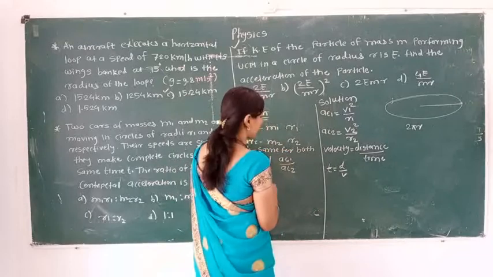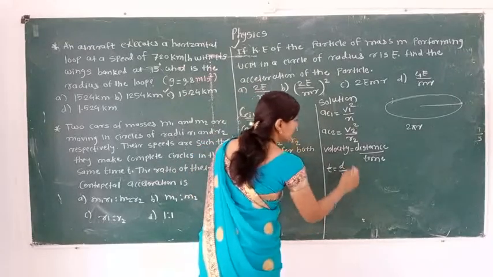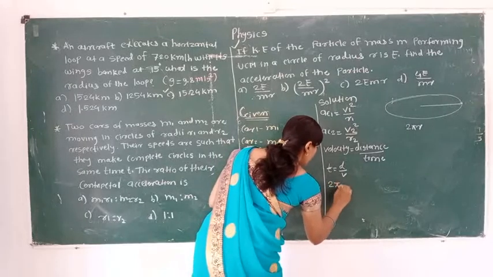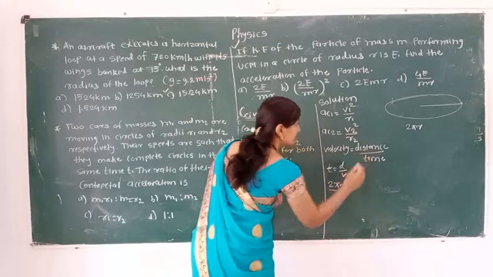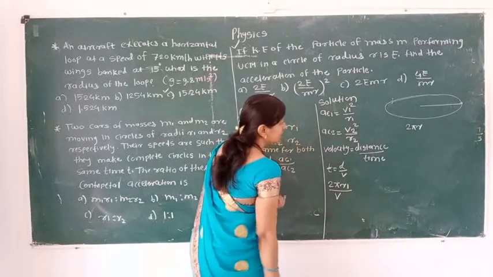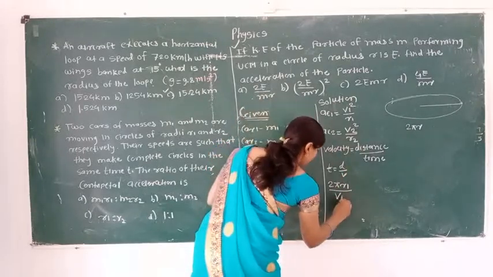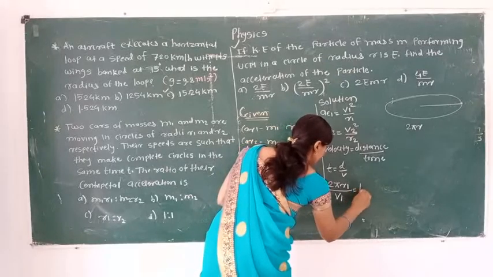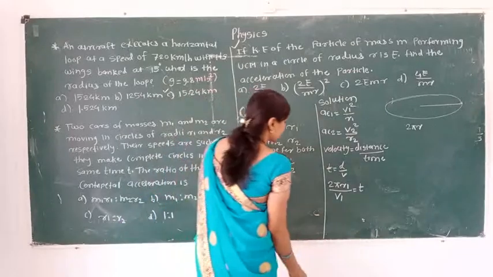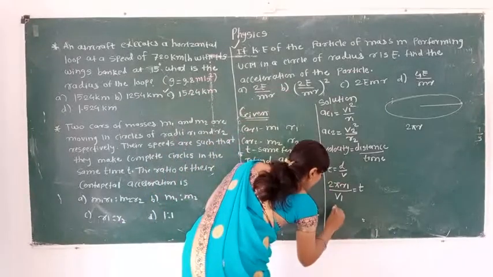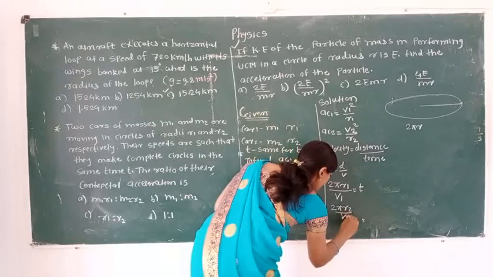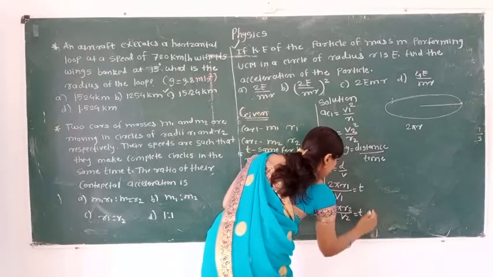So for the first car, the distance covered is 2 pi r1, where r1 is the radius of that circle and its velocity is v1. It is completed in time t. Similarly for the second car we can write 2 pi r2 divided by v2 is equal to t.